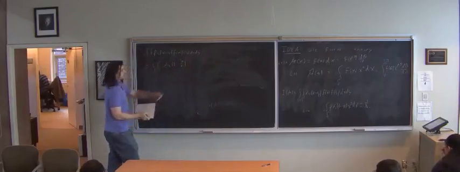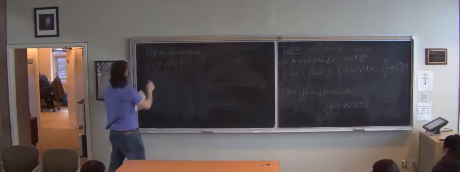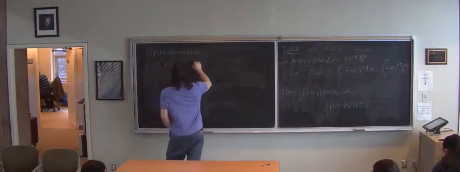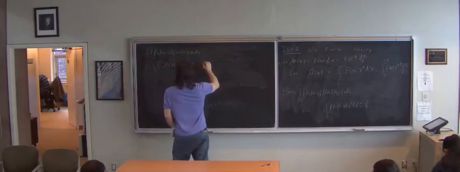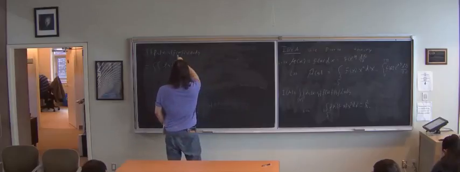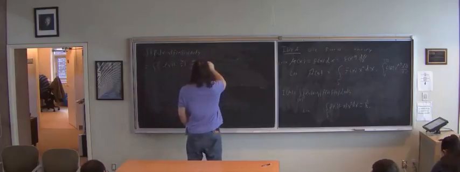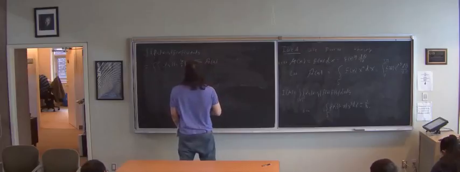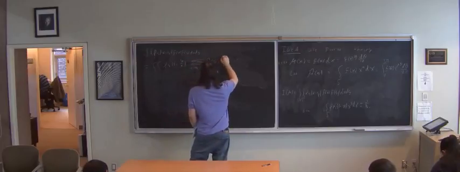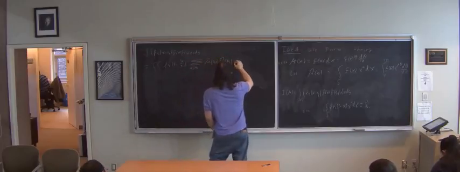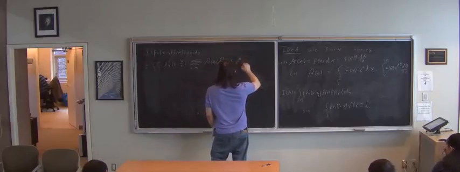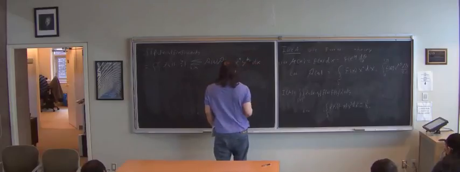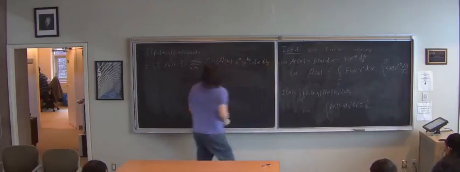On the unit circle, I can replace this by 1 minus 1 over x. Actually, we're going to write this out in full. So this is the sum over integers n, m of mu hat n, mu hat m, x to the n, y to the m, dx dy.